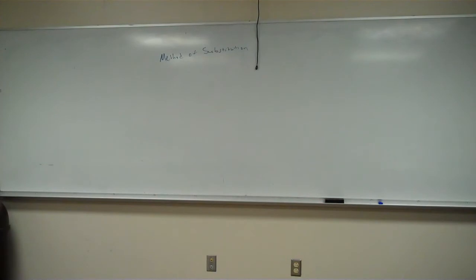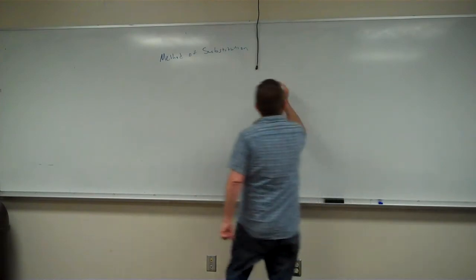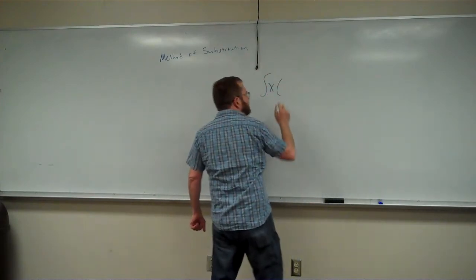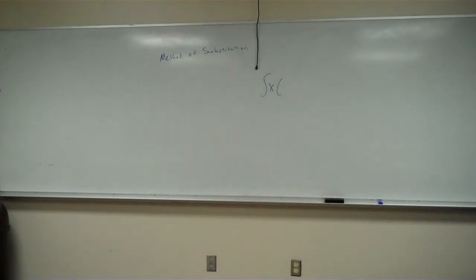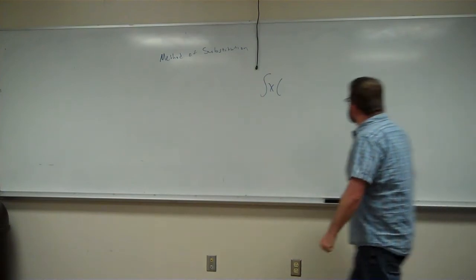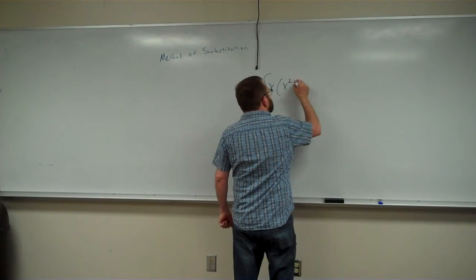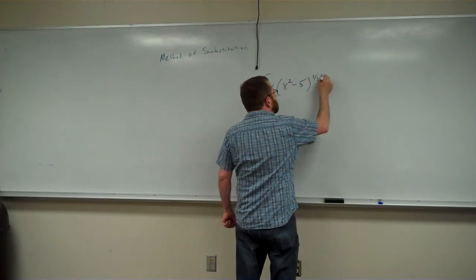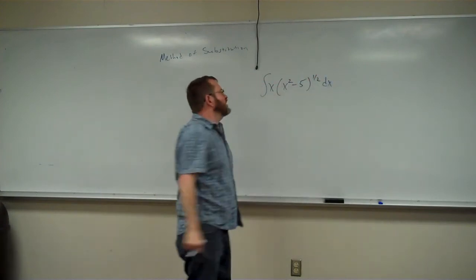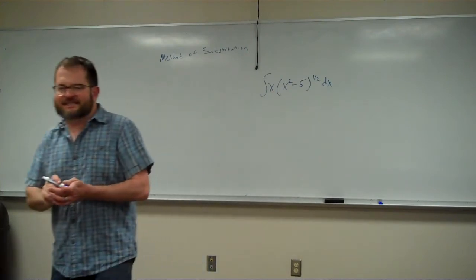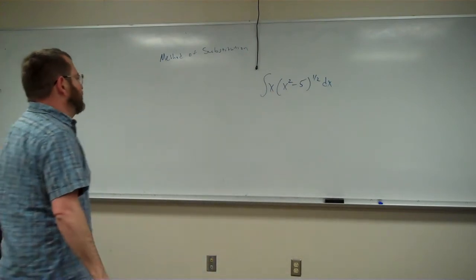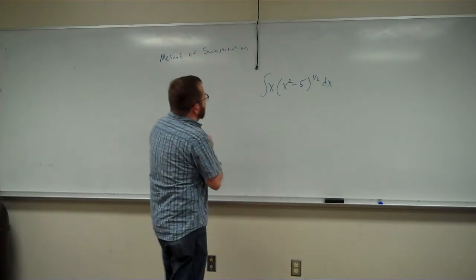How about the integral of x times (x squared minus 5) to the 1/2 power dx. In your actual book, in the problem in the book, it's z's, but whatever. I wanted to keep it simple.